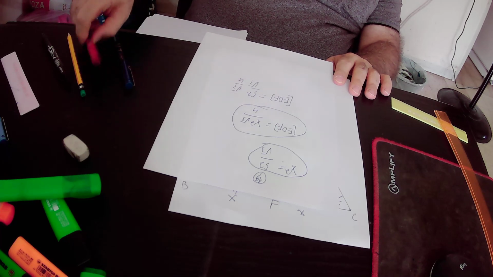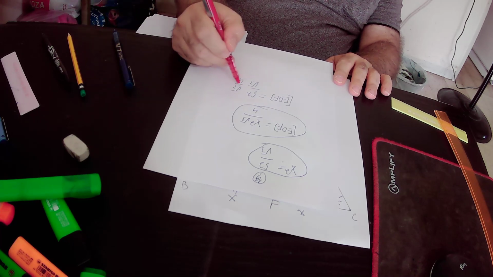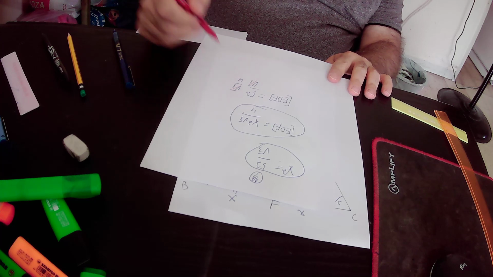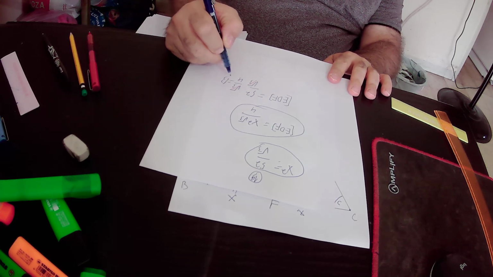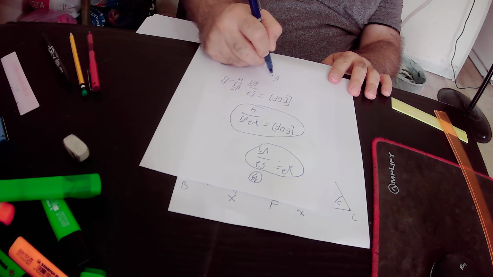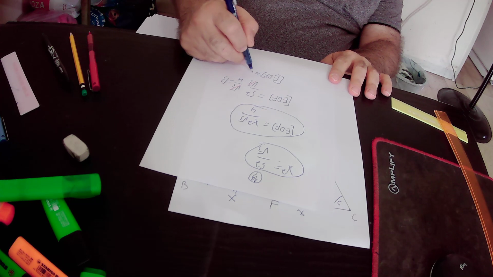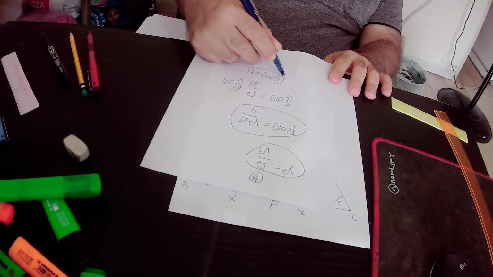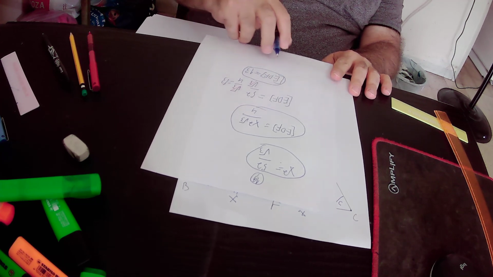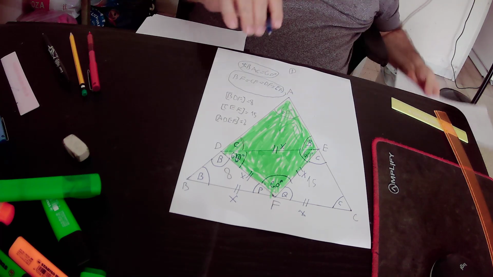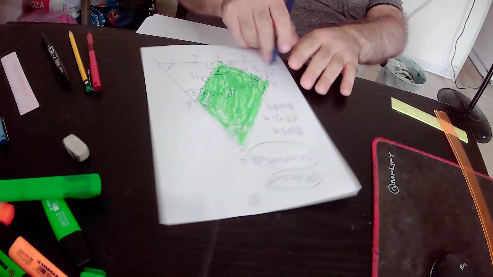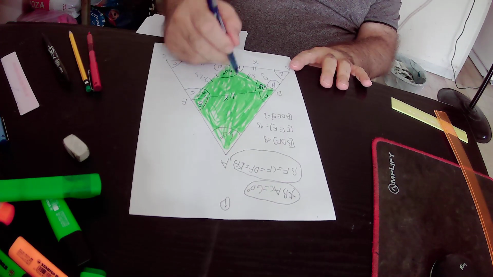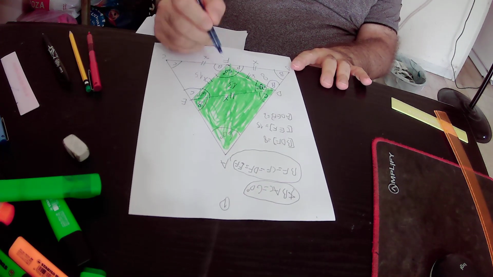Here root 3 over root 3 is 1, the root 3 cancels, and 52 over 4 is 13. So the area of the equilateral triangle EDF equals 13 square units.